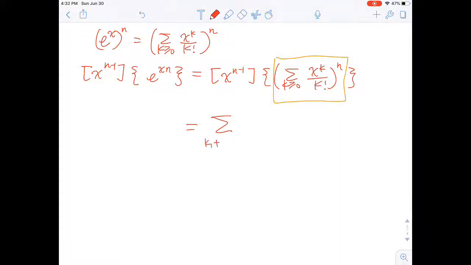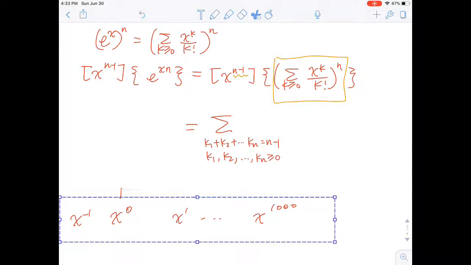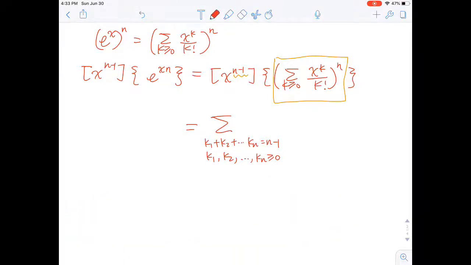So we want k_1 plus k_2 plus all the way to k_n to sum up to n minus 1, because that's the coefficient we're looking for. Additionally, we have the constraint that all the powers have to be greater than or equal to 0, because if you pick 1, then it's x to the power of 0, and the power can go very, very large, but you cannot have a negative power. That's why we have the second constraint.